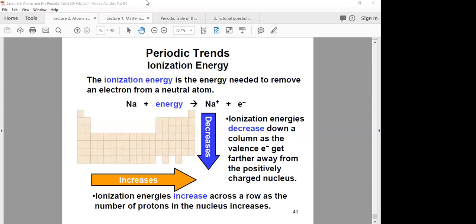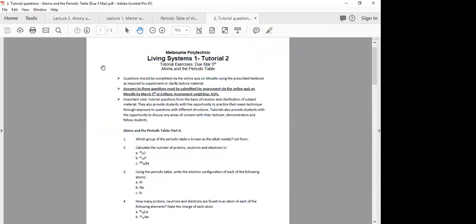All right, so what do we have in terms of tutorial questions this week? Here we have them. These are on Moodle. Tutorial number 2, based on tonight's lecture, atoms in the periodic table. Are they assessed?